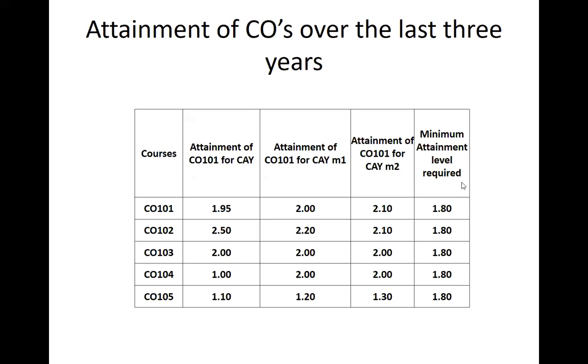In all these three cases, the minimum attainment level required was 1.8. And you can see that the courses have reached the attainment level in all the 3 years. Here you can see there is a reduction, there is a dip in the value. For subject 105, it has not reached the attainment level.